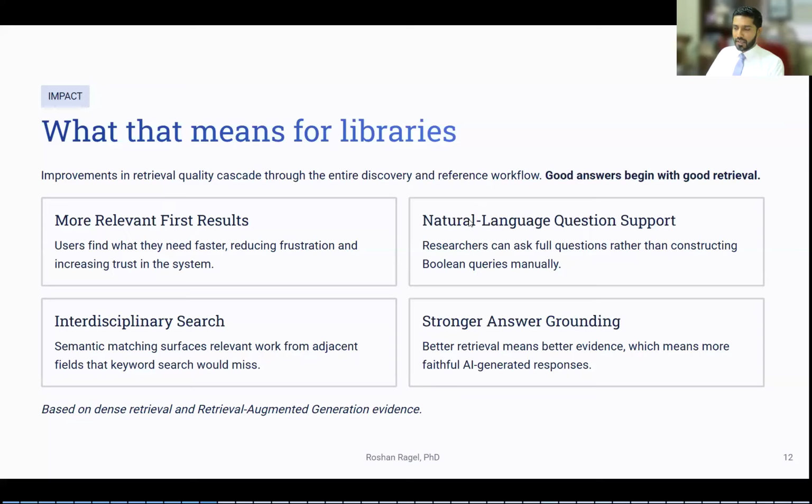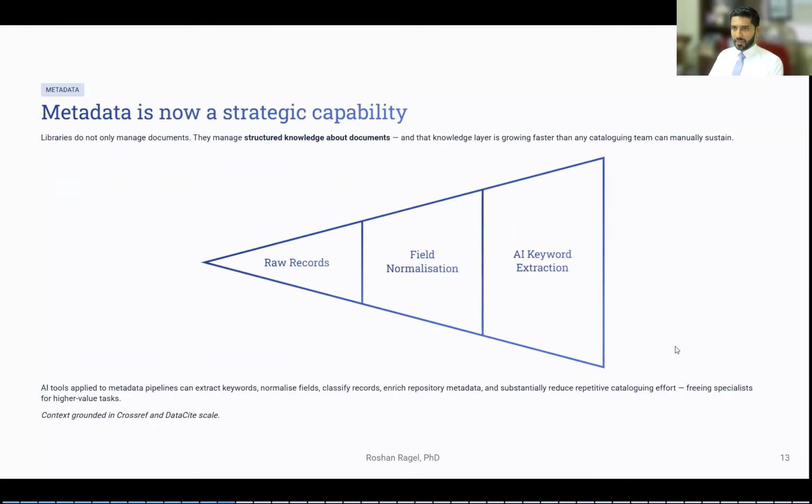At the same time, it also supports, like I mentioned, cross-disciplinary or interdisciplinary research, and answers can be grounded to the resources by using RAG.